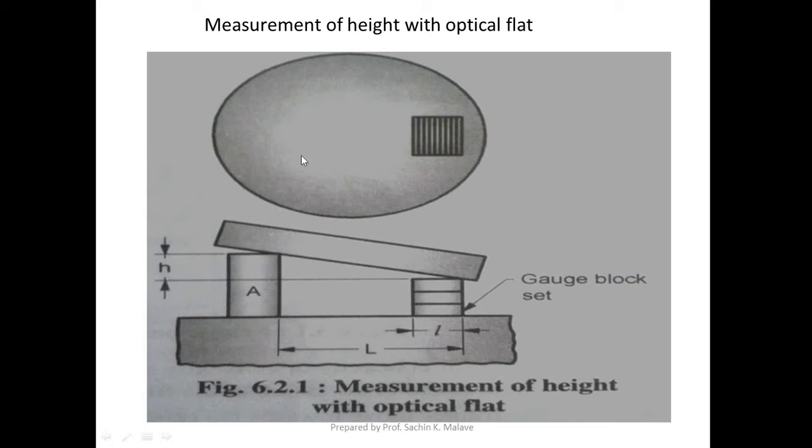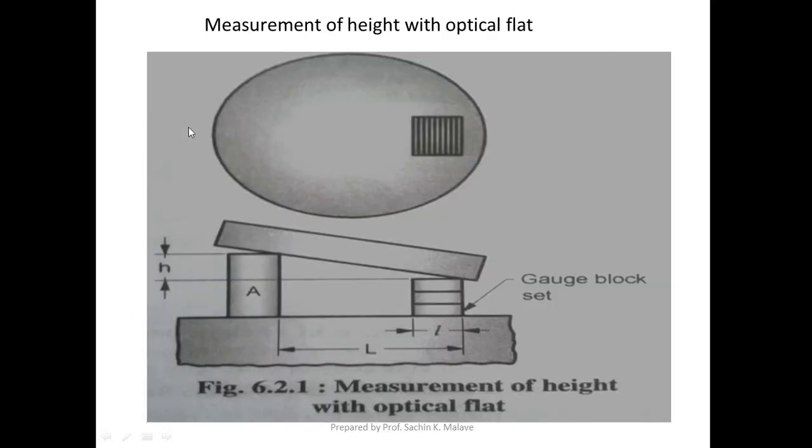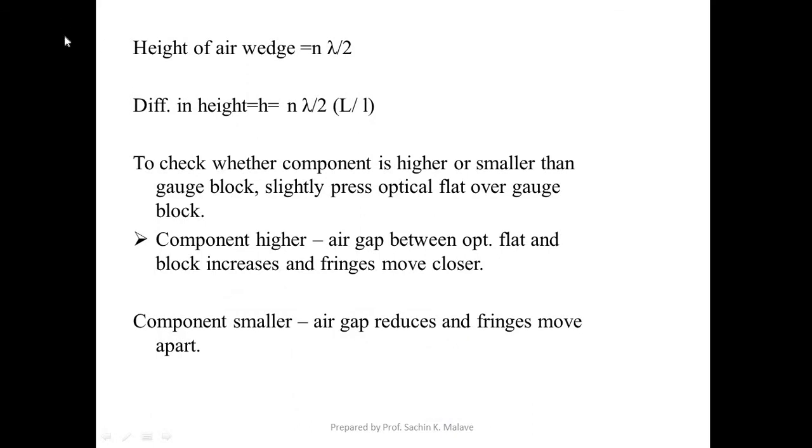That's why we can easily find out the number of fringes, and we can easily find out this height difference. So this small h, that is the height difference between this gauge block set and the actual component, is n lambda by 2 into capital L divided by small l. Okay, so we have successfully found out the value of h.